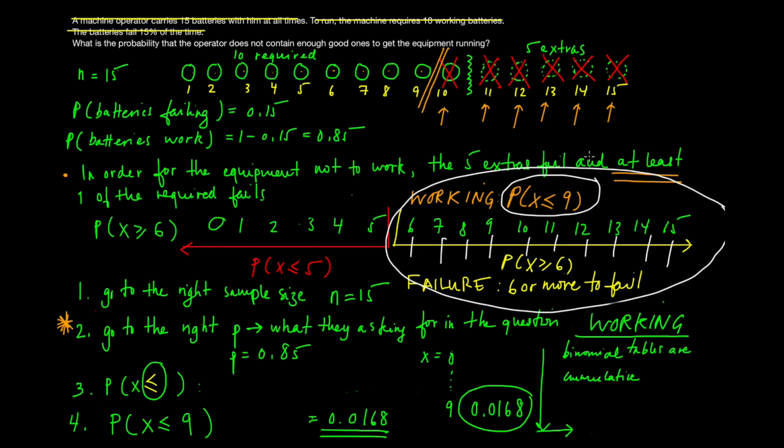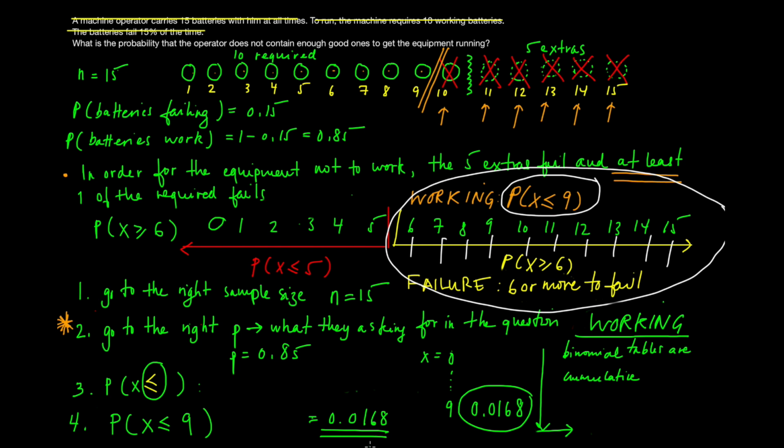So it's perfect complements in terms of what you're taking. Either 6 or more will fail, or 9 or less will work, right? So those are perfect complements in the total 15 sample size. And then if you scroll down to the 9, you'll get 0.0168, which is the same answer, okay?